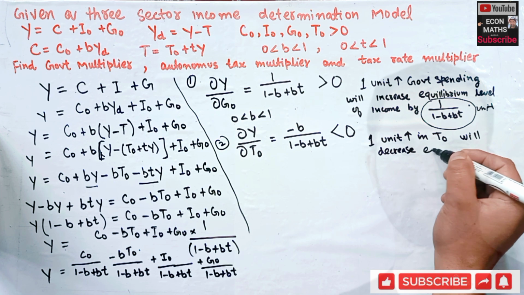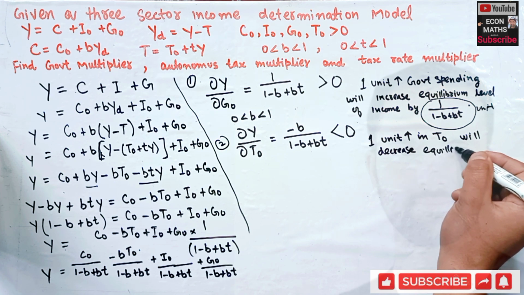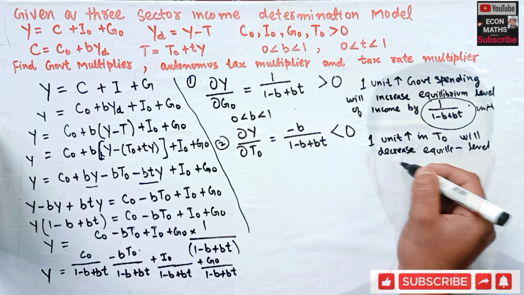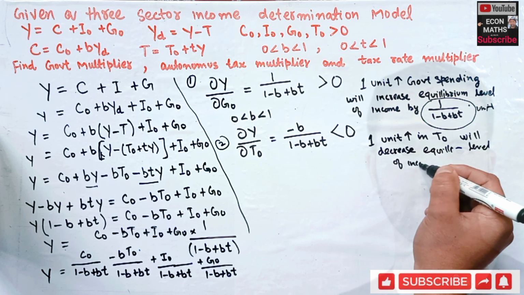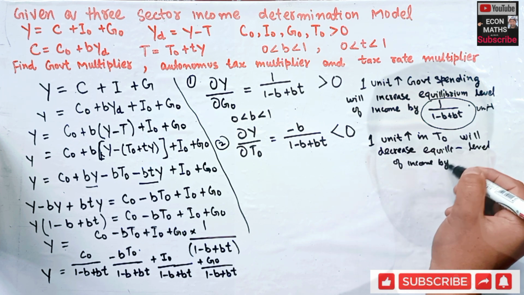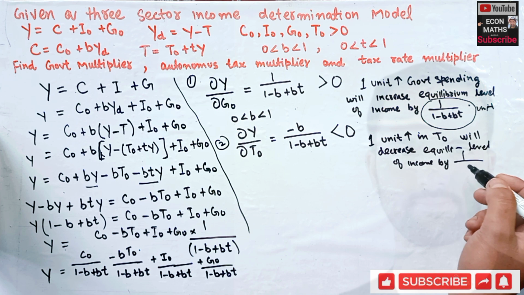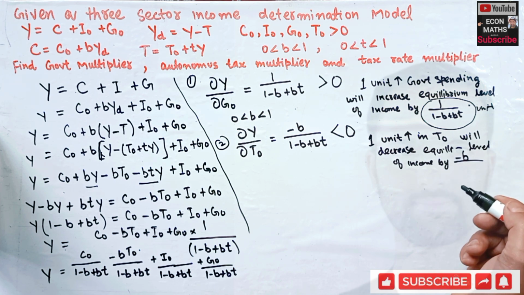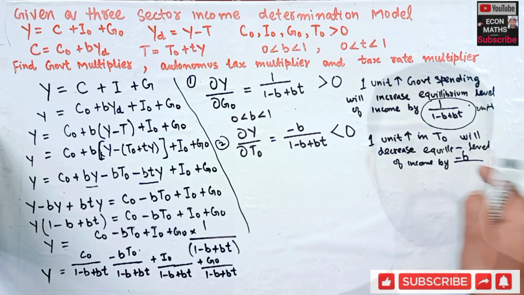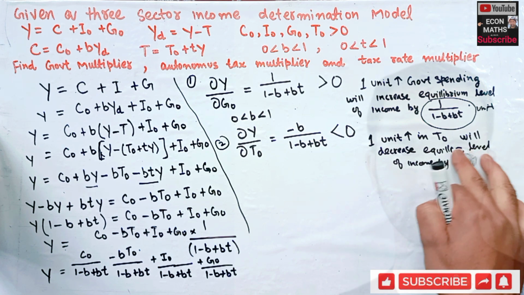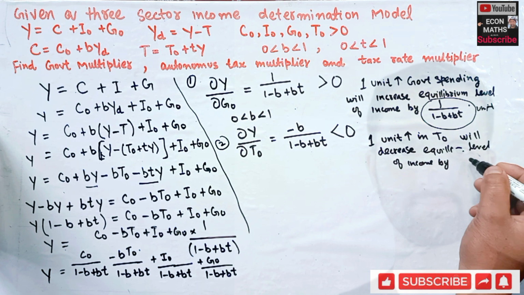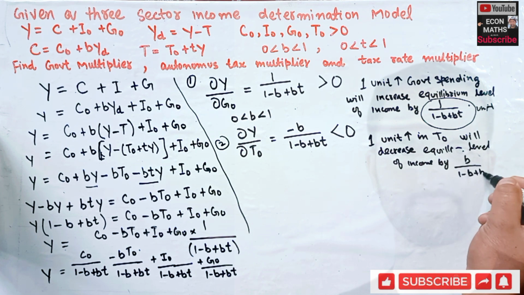It will decrease by b upon 1 minus b plus bt units.